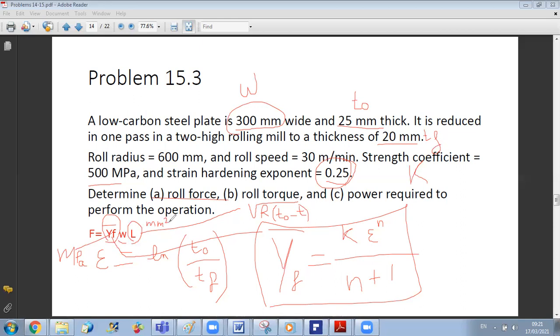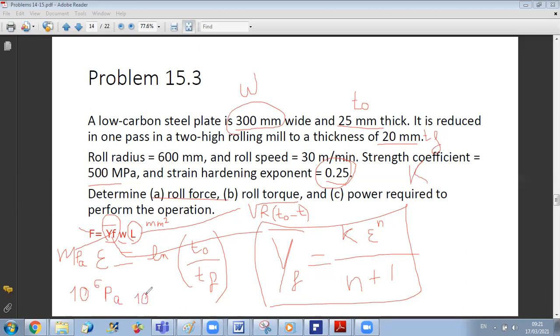Megapascal times millimeter square will give you which unit for F? What will be the unit for F if I have Y in megapascal and the area in millimeter square? Gigapascal? No, look, megapascal is 10 to the power 6 Pascal, okay? And millimeter square is 10 to the power minus 6 meters square.